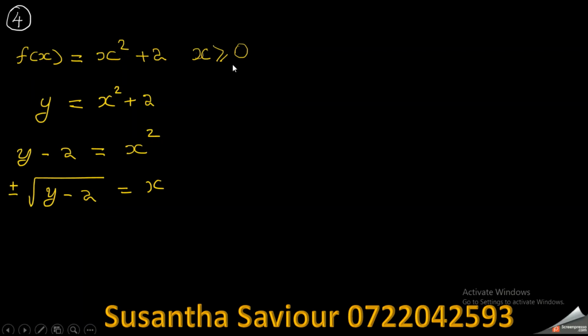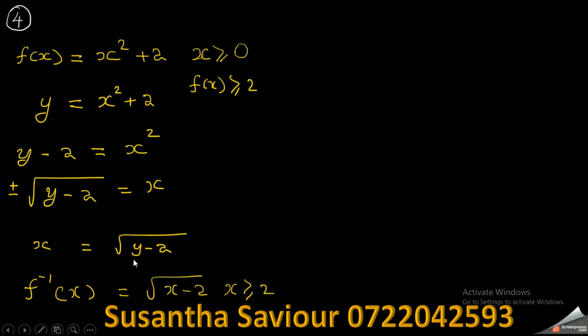This domain is positive, therefore this should be positive. And then the domain for the inverse is greater than or equal to 2. You can see from here also. Then what we have is f inverse x is square root x minus 2, x is greater than or equal to 2, right?